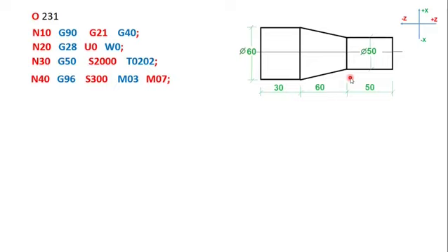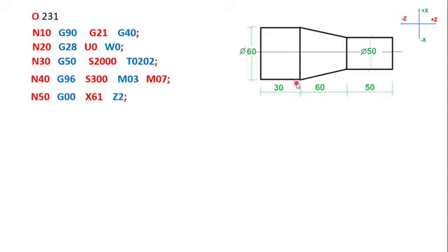So we have to make the surface speed constant. That's why G96 comes into the picture. G96 is constant surface speed, and that is given as 300.